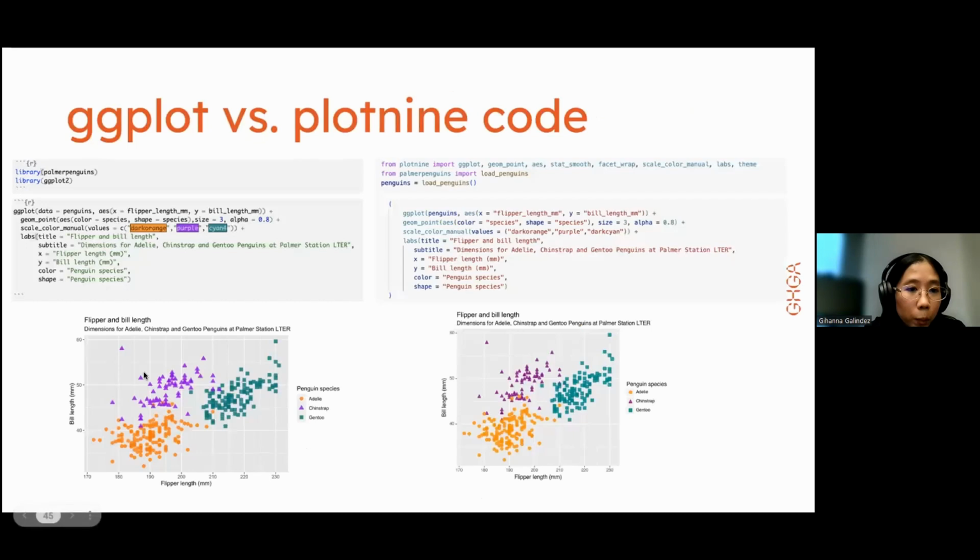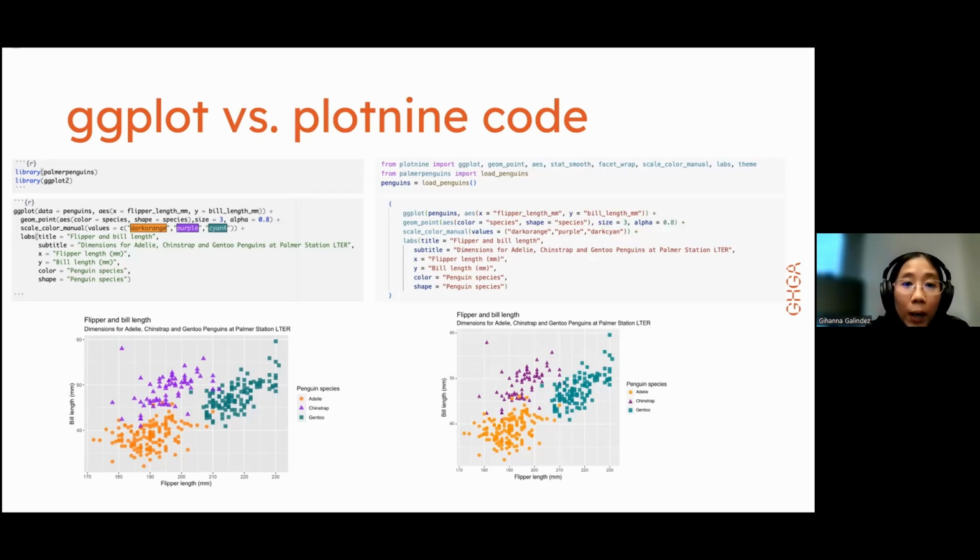So as you can see, we compare here what ggplot code looks like versus the plotnine code, and they're very similar. But what we could see that is different is, for example, in ggplot, you specify the species without quotation marks, but in plotnine, you add the quotation marks, and also the parentheses.